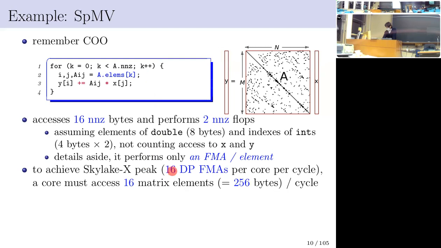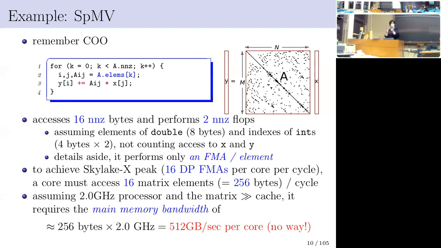In order to do 16 DP FMAs, you obviously need to access 16 matrix elements, which amounts to 256 bytes, because a single element is 16 bytes, 16 by 16. So 256 bytes per cycle. Every cycle, every core has to get 256 bytes from memory.